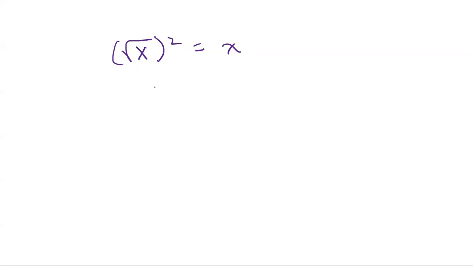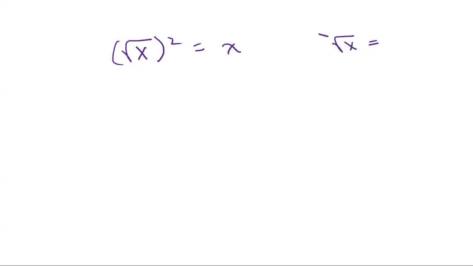It has to do with the radical. The square root of x. What's another way to write the square root of x? There is a root of 2 right there.